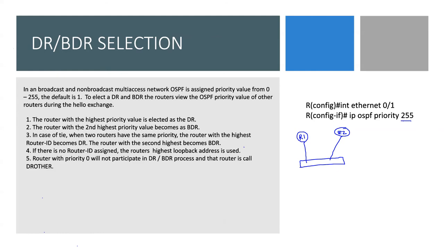So number one, the router with the highest priority value is elected as a DR.